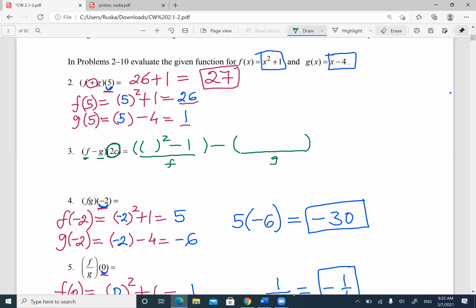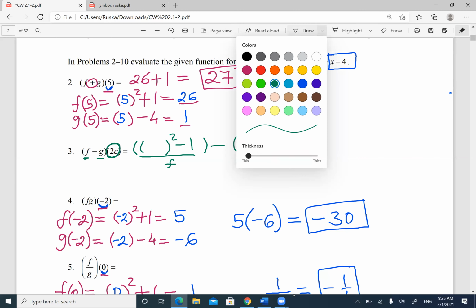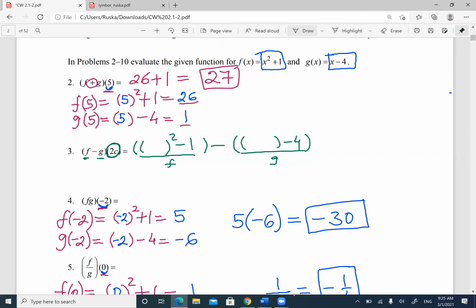And then in the place of x, I'm going to put 2c, and then the other function was x minus 4. And then I'm going to plug in 2c. That's my x. X is going to be replaced with 2c.